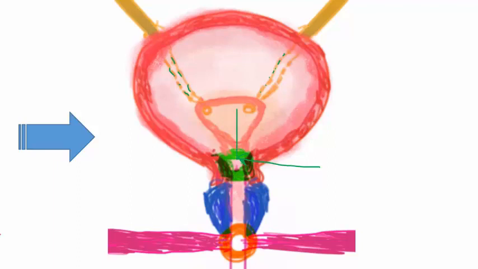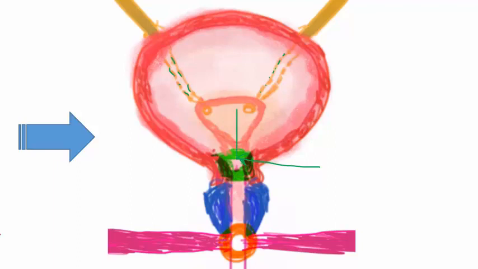This ureter actually enters the bladder obliquely through the detrusor muscle. Then it passes 1 to 2 centimeters beneath the bladder mucosa before emptying into the bladder.